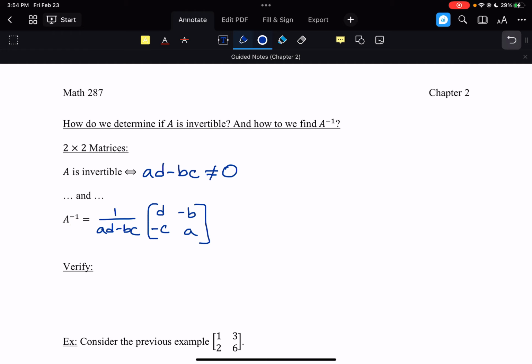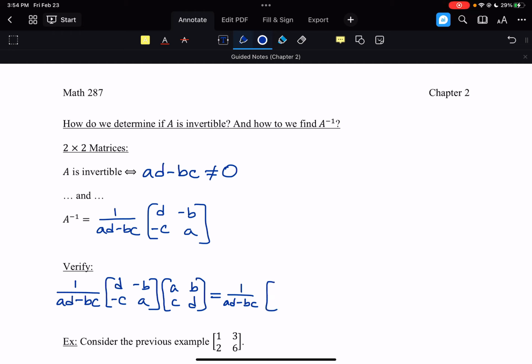We can verify this. So if we take 1 over AD minus BC times D, negative B, negative C, A, times the original A, B, C, D, that's going to be 1 over AD minus BC. If we do the matrix multiplication, we get D times A minus B times C. So that's going to be AD minus BC.